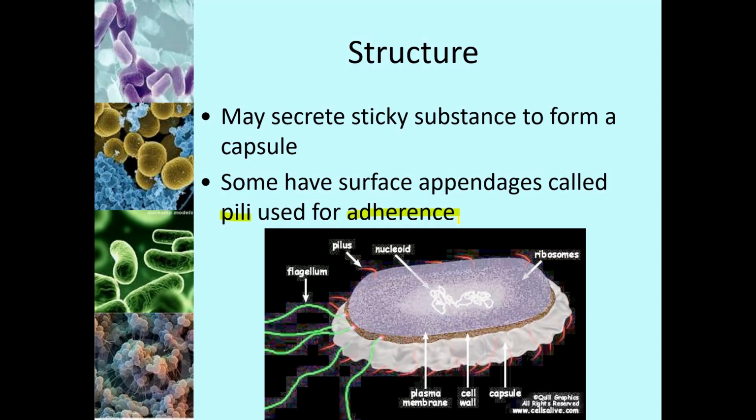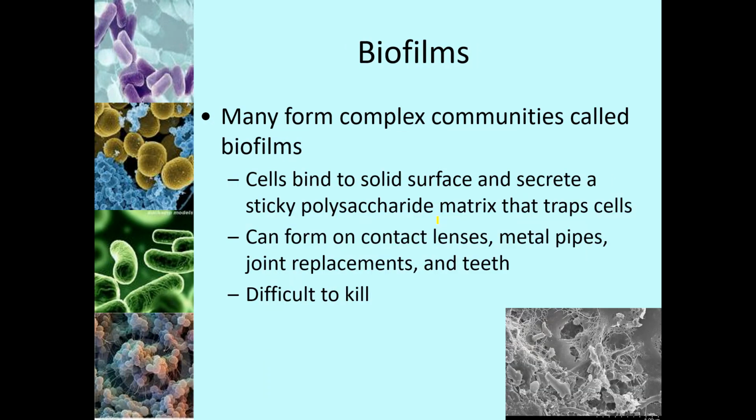But when it comes to cilia, cilia are hair-like structures for movement that I've only ever seen on a eukaryote. These pili have a very similar appearance. They kind of look like hair-like structures, but they're not used to move, they're used to stick. Okay, so pili are used to stick to other things.